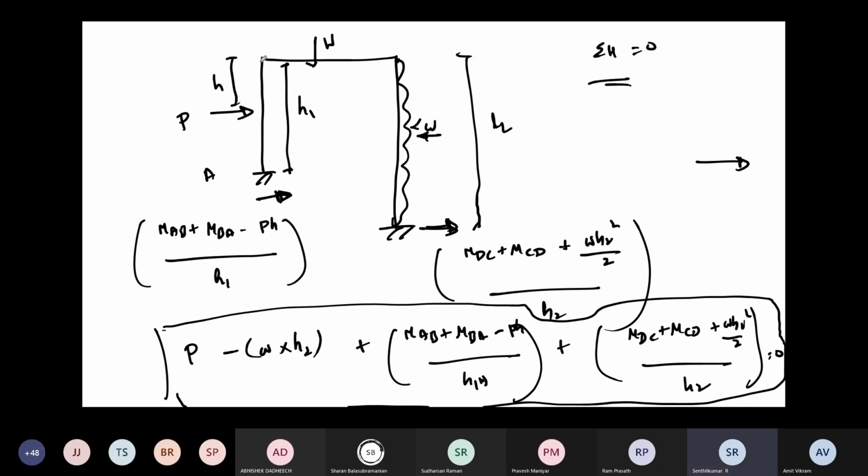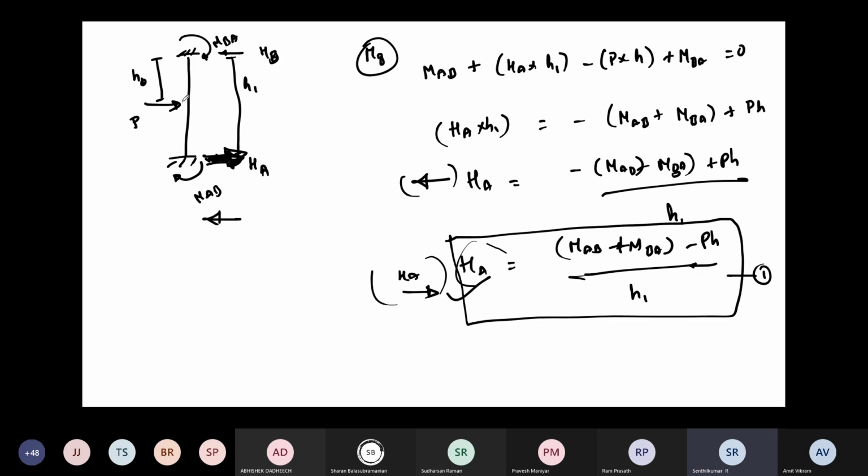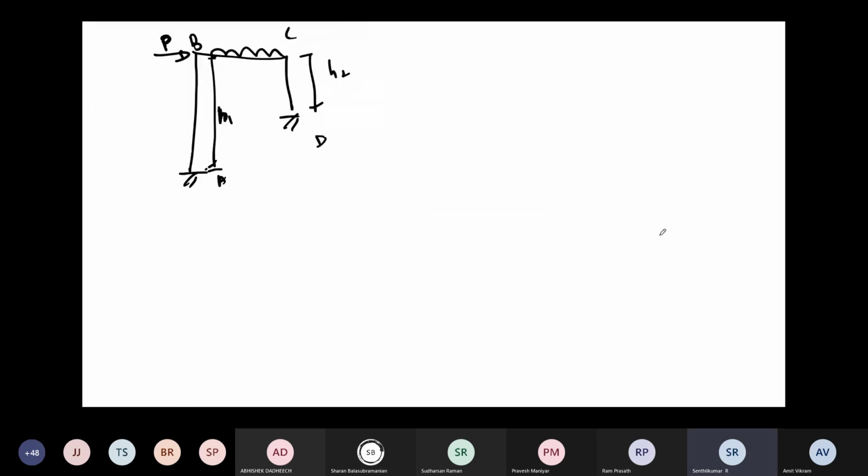No, right? I am putting the P at the topmost joint, but you are taking moment about B only, right? So will P come here in this equation to find HA? What will your H be? 0. So the P won't be there. So what will the shear equation be then?